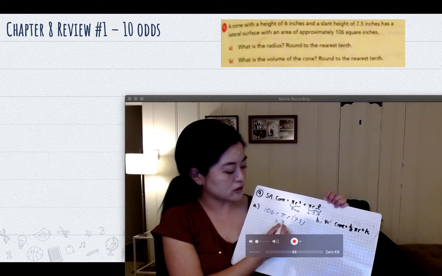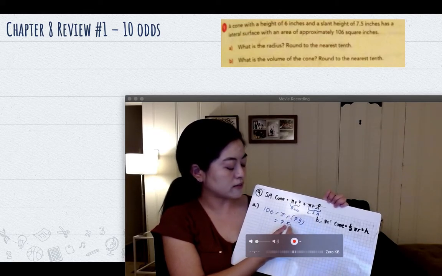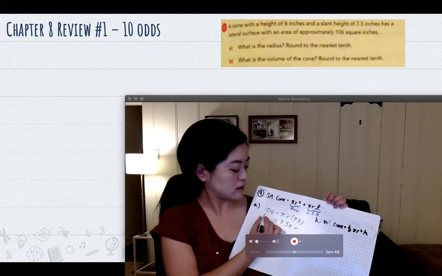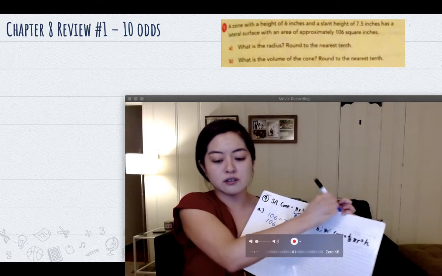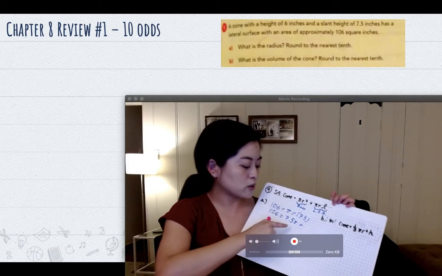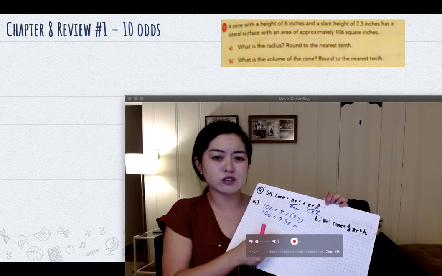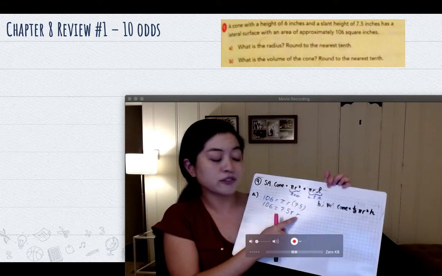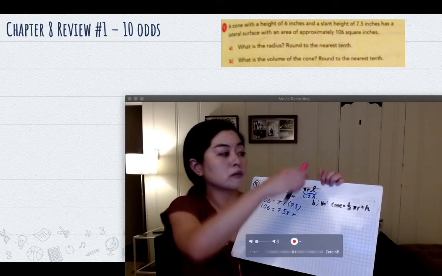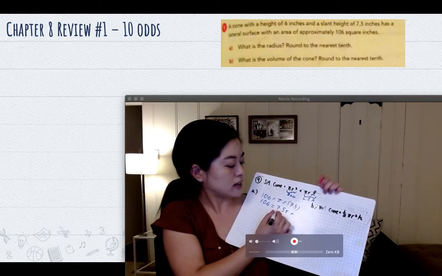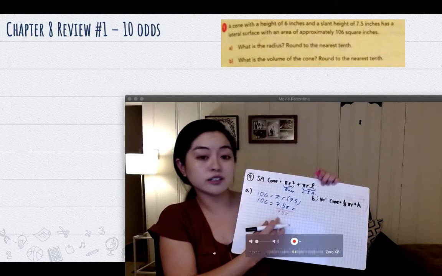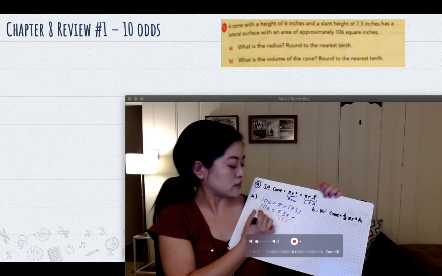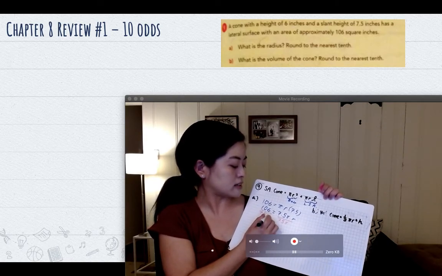I just switched the order: 7.5 pi times r is equal to 106. I know 7.5 times pi is an actual number, and my unknown variable is r. To get r by itself, I just want to divide by 7.5 pi. And whatever I do on one side of the equal sign, I have to do on the other side to balance it out.